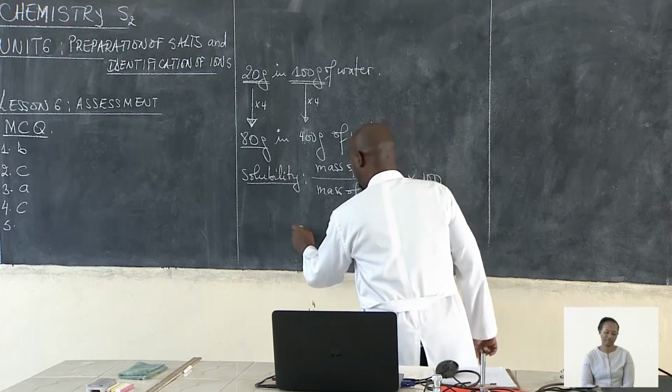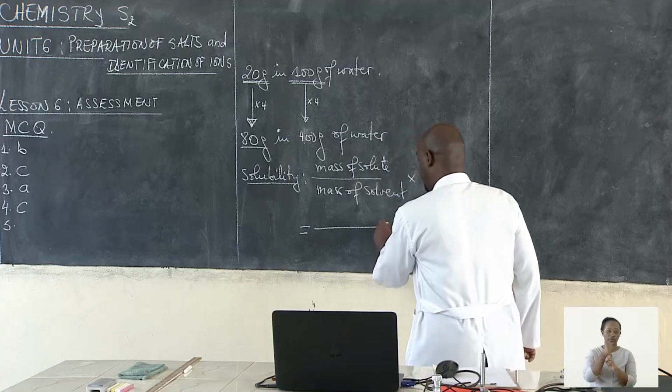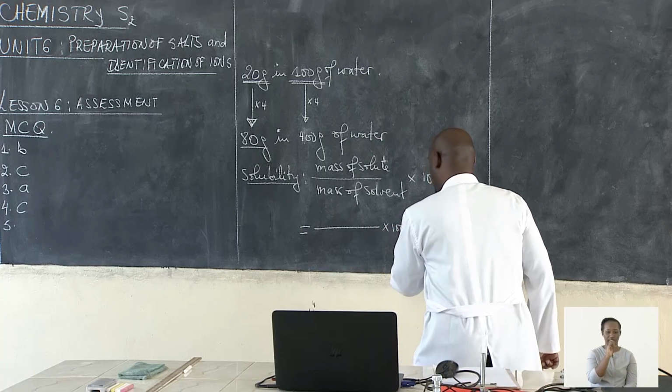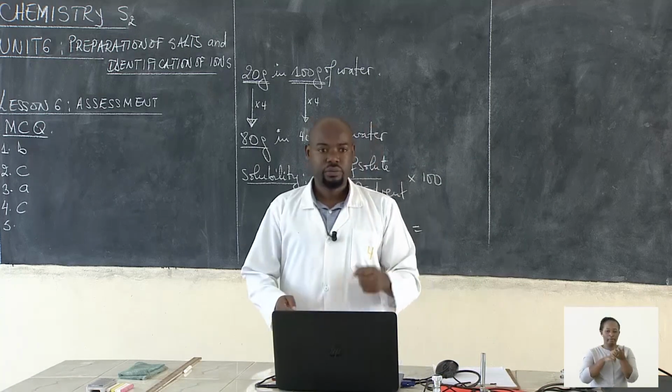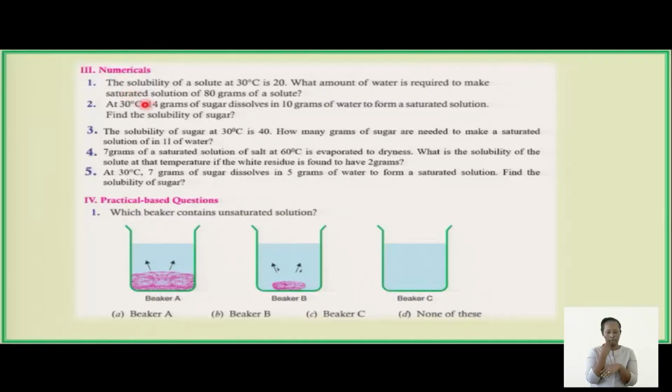Times 100, so to find the solubility, we use the same formula, and we will find it to be, we have 14 grams of sugar. That is the solute. So we have 14. And it is in 10 grams of water. And what do we get?